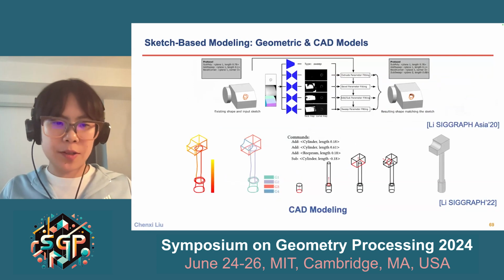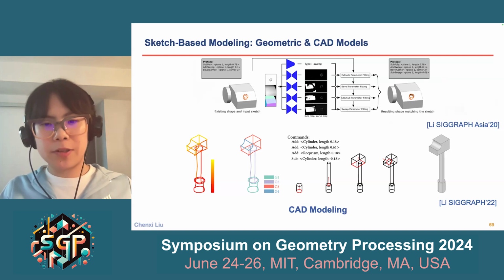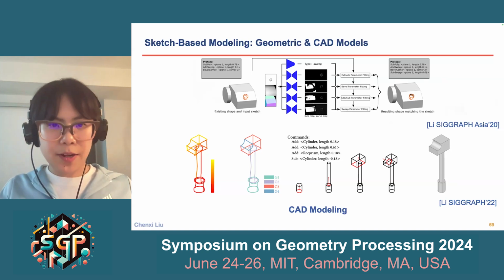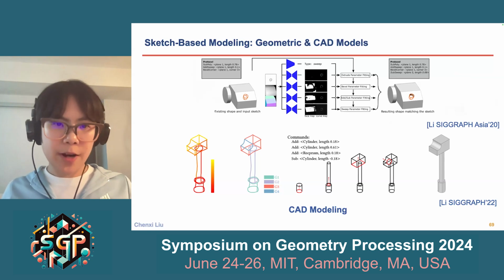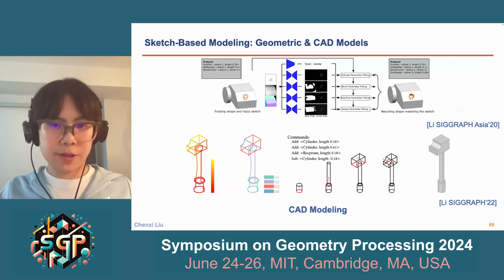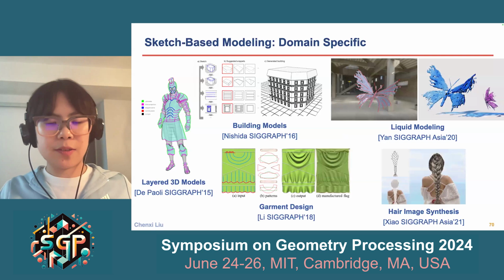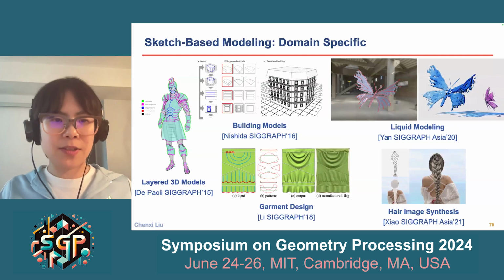More recent work is neural network based, and these two papers focus on generating manufacturable CAD programs given ordered clean sketches. As we can see on the bottom right, the result is basically CAD commands one can directly send to manufacturing machines.